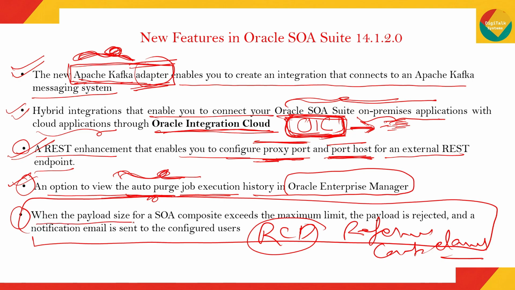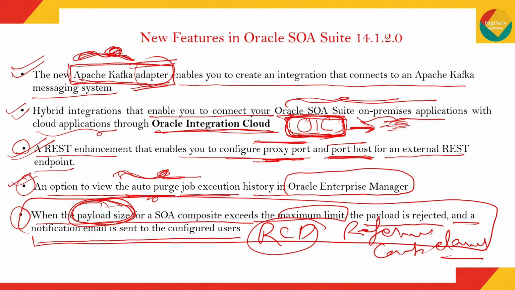When the payload size of the SOA composite exceeds the maximum limit, the payload is rejected and a notification email is sent to the configured users. Okay, so what happened, whatever REST APIs that we configure in the SOA Suite, okay, and whatever data goes in and out of your SOA with the help of APIs, okay, there is a payload size, the size of the data that is coming, right?